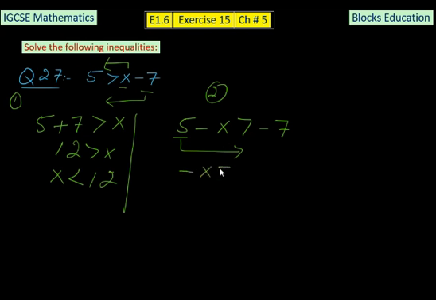So minus x is greater than minus 7 minus 5, which makes minus 12. Because the answer should be in plus x, we multiply both sides by minus. Minus times minus is positive, and as we know, if you multiply by a minus the inequality inverts: greater than becomes less than. So x is less than positive 12. It has the same answer as the first method, so depending on your approach, you can opt for either method.